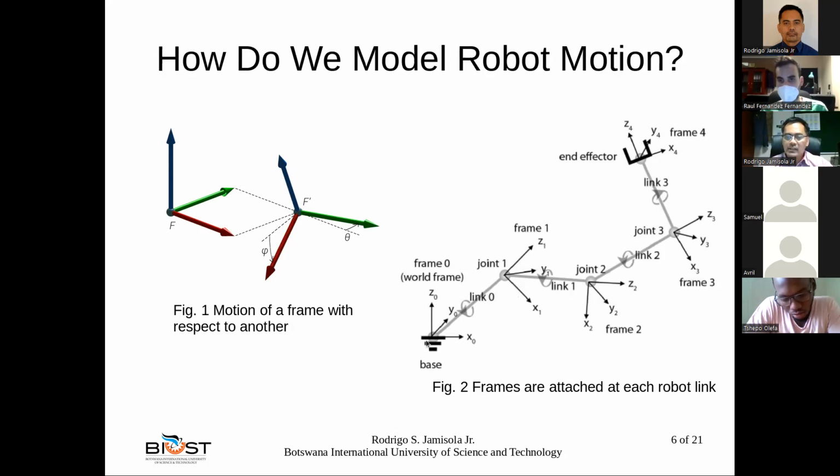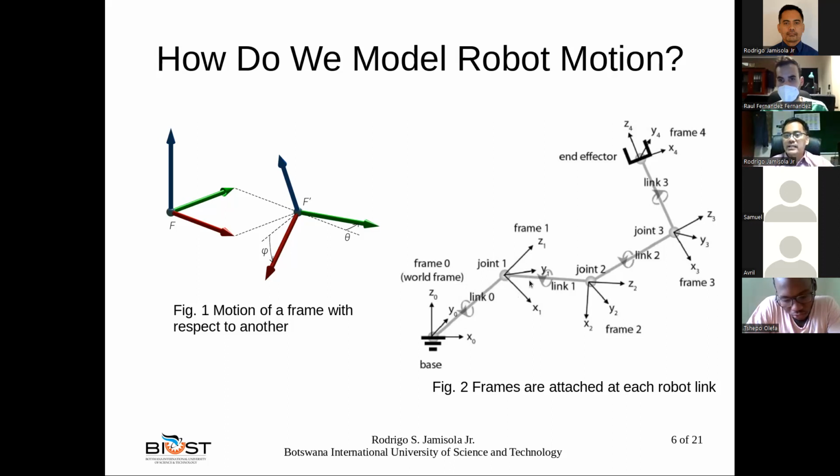One frame on the base, another frame on joint 1, another on joint 2, another on joint 3, and another frame at the end, at the hand, which we call the end effector. Then frame 2 with respect to frame 1. If we can express that, then we're done.